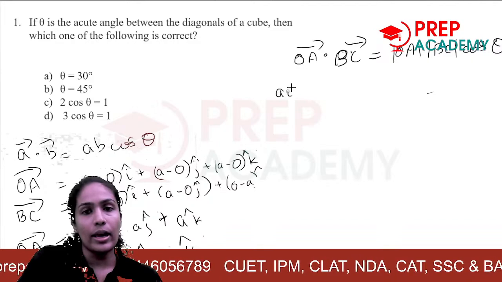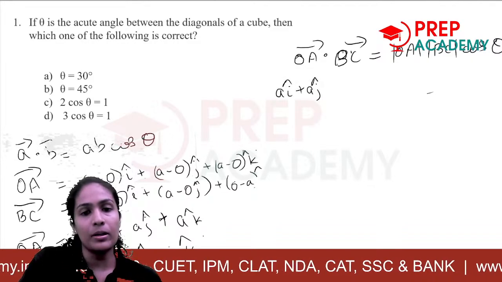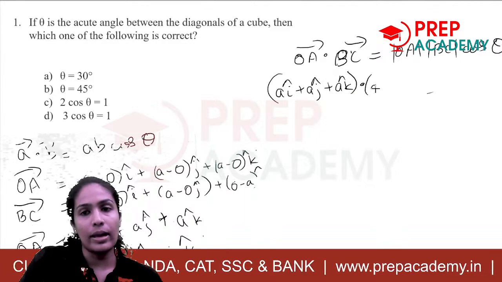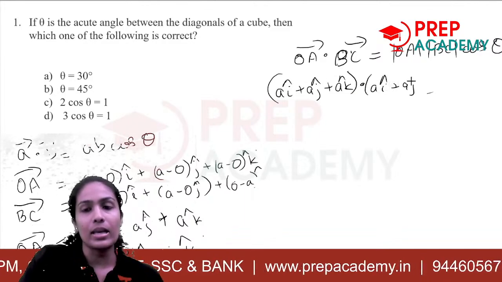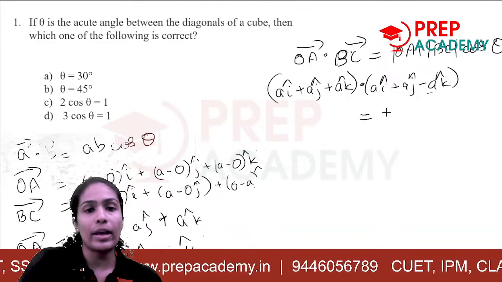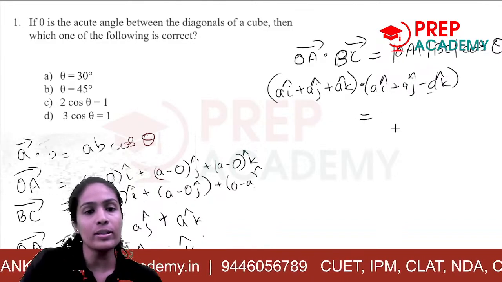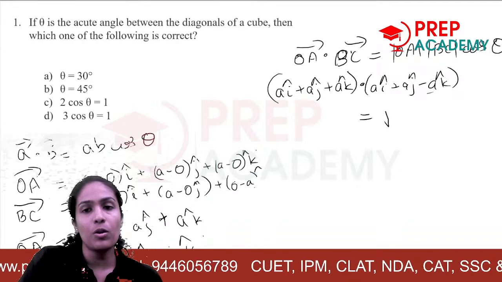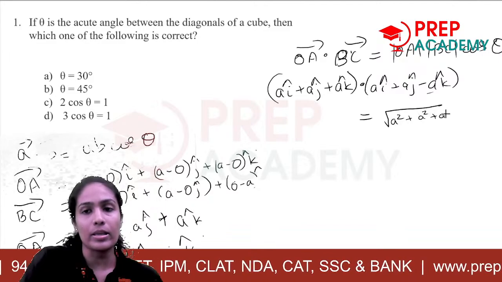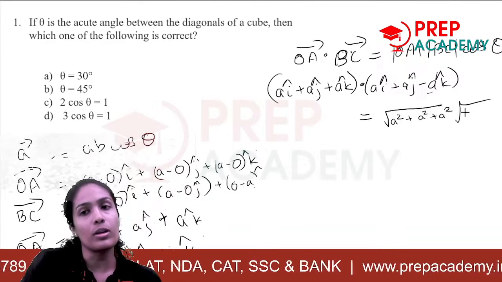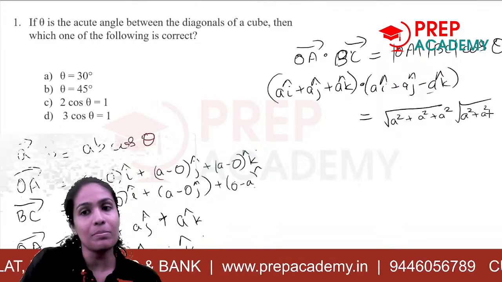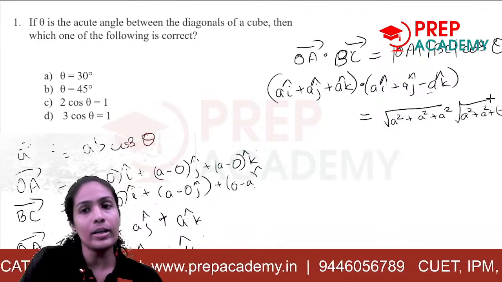That is a i cap plus a j cap plus a k cap dot a i cap plus a j cap minus a k cap is equal to the magnitude of OA, which is root of a square plus a square plus a square, into the magnitude of BC, which is root of a square plus a square plus (minus a) the whole square, cos theta.